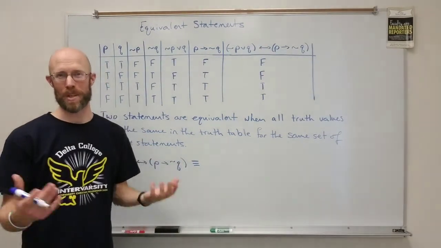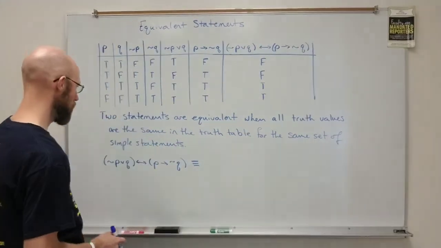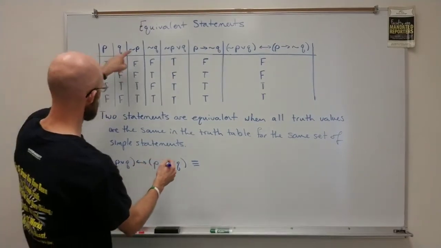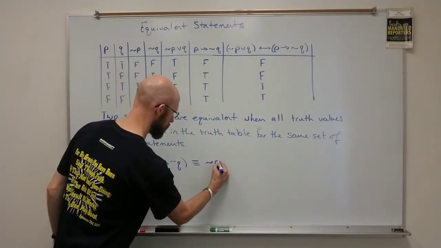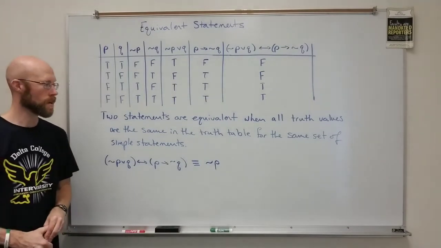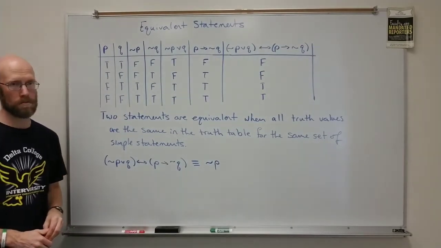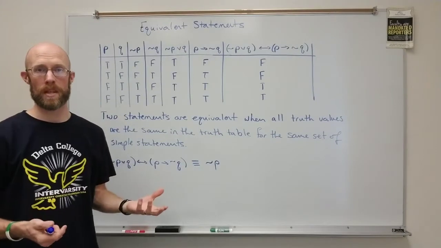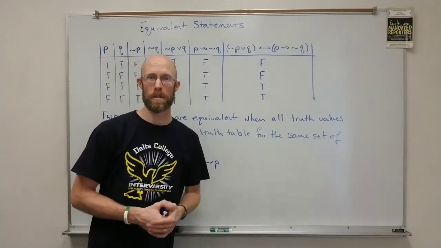It kind of looks like an equal sign but with 3 bars in it. That's equivalent to simply not P. All right, so these are equivalent statements. In fact, one could just replace the other and that would be valid.